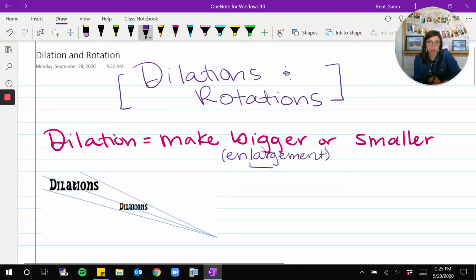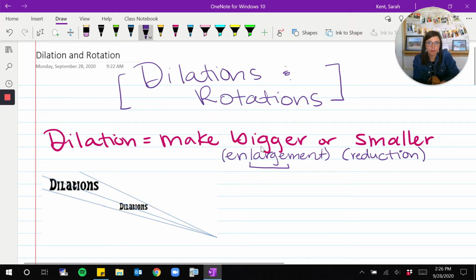You can see the word large in there. Enlargement makes it bigger. And for smaller, it's going to be a reduction. You reduce the size. So these are the words that we will be seeing with a dilation. It's either an enlargement or a reduction. You can see the picture here, it starts small, it gets big, it gets small. That's the main point of a dilation, it's either growing or shrinking.